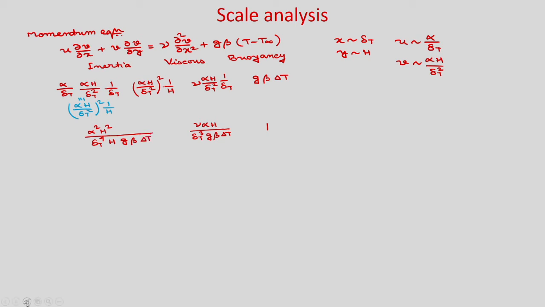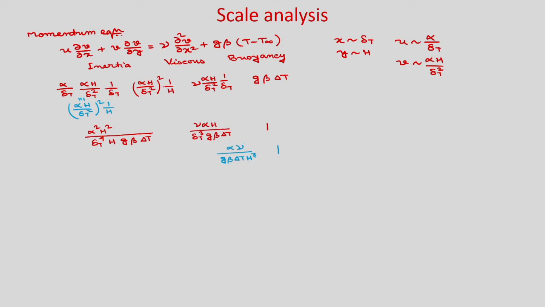Okay. Now, we will rearrange it. If you rearrange it, you can see the viscous term. We will write it as, so this will be 1, buoyancy term, it will be g beta delta t, we will write h cube, then we have alpha nu.